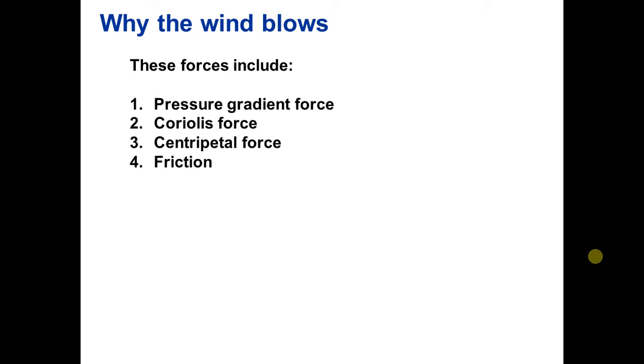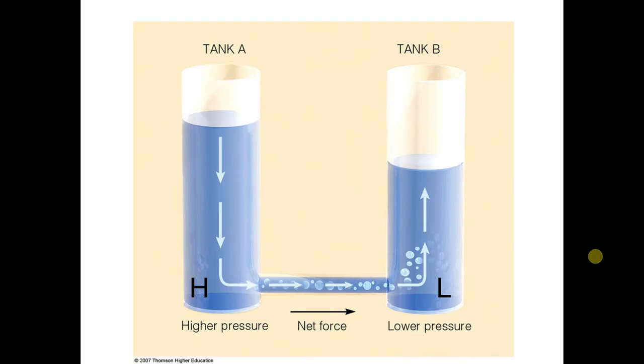Now, in order to help understand the pressure gradient force better, you can not just think of air, but you can think of water. You can think of a bicycle. Here's a figure from the book showing two tanks of water connected to each other.